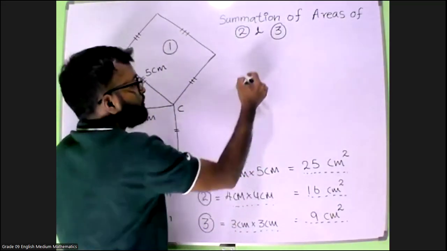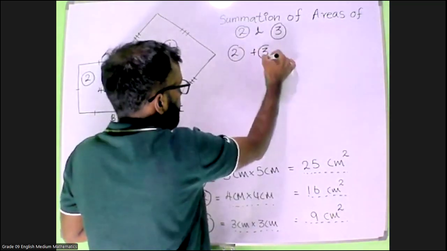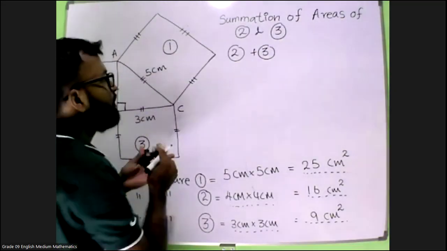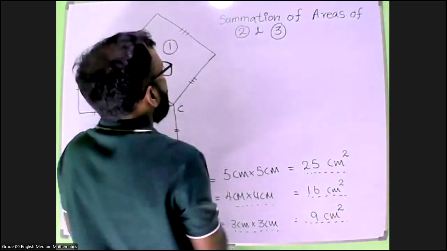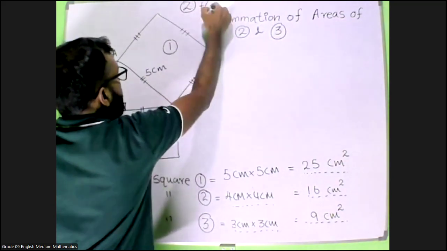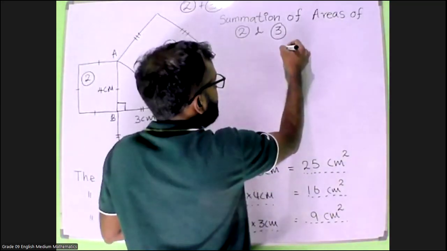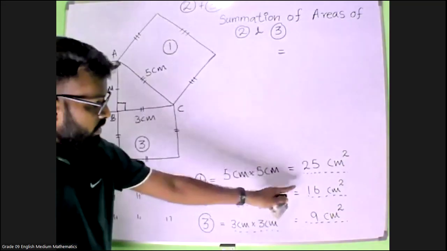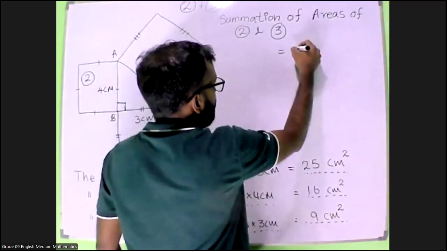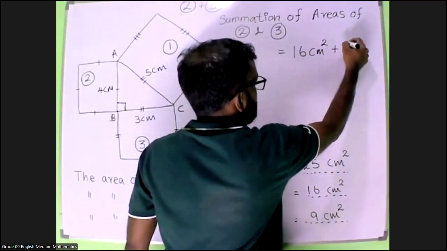That means 2 plus 3. So I will write this here, 2 plus 3. And summation of areas of 2 and 3 squares, right? So basically, it will be equal to 16 square centimeters plus 9 square centimeters.